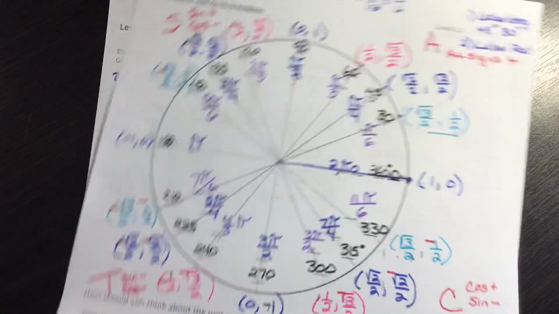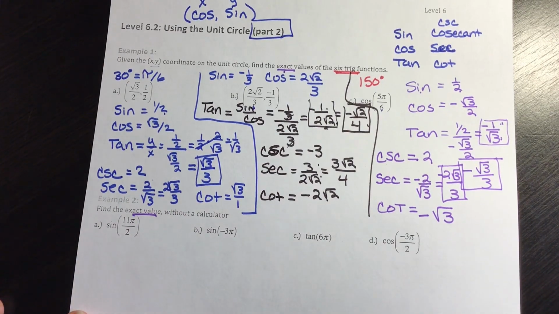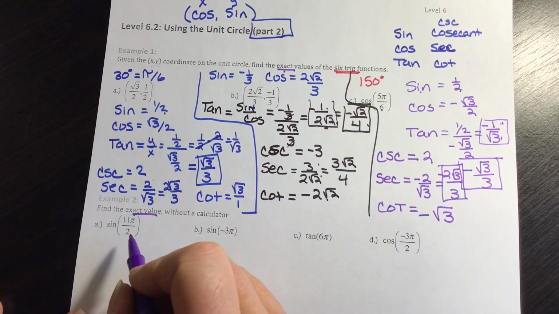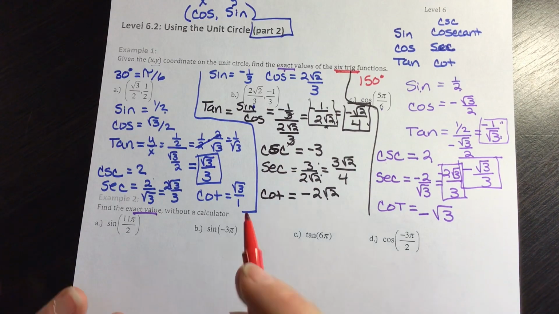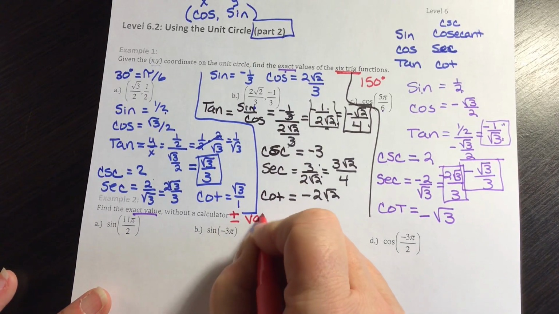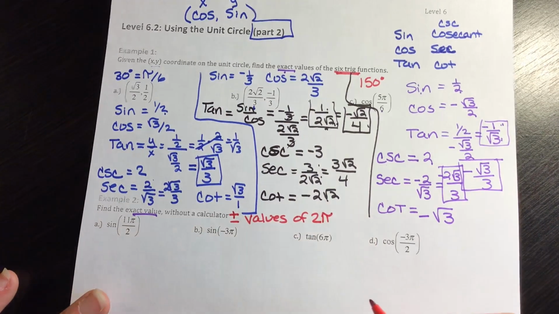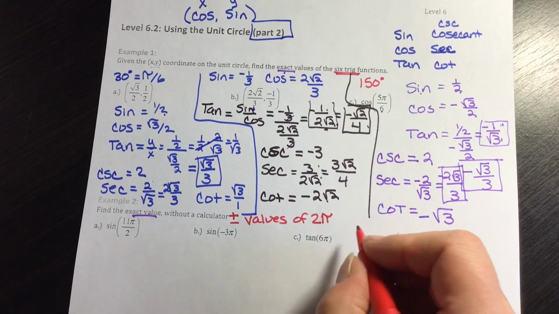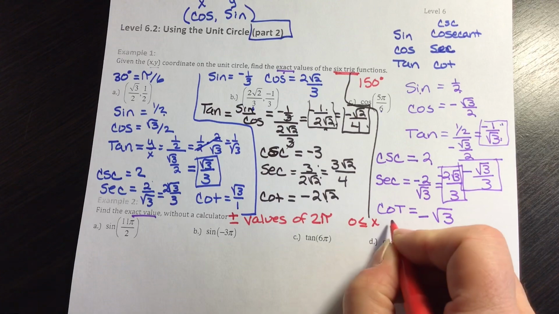And 11 pi over 2 is more than 2 pi. So what I can do is add or subtract values of 2 pi until I get to something between 0 and 2 pi.